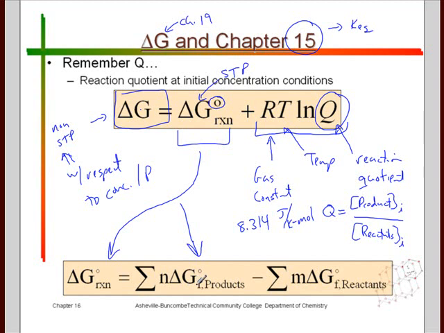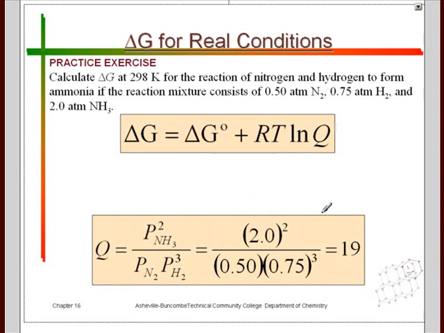So again, we're using tabulated data to predict the Gibbs free energy change for standard conditions, and then there's this extra little factor that we look at to see how that numerical value is tweaked based on the initial conditions. Let's put this into practice and see what it's going to do for us.